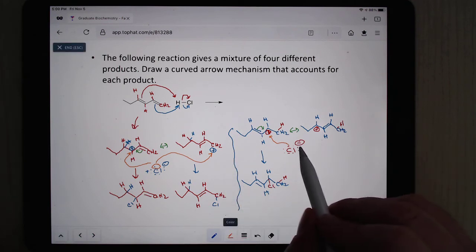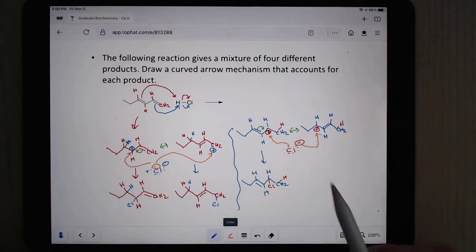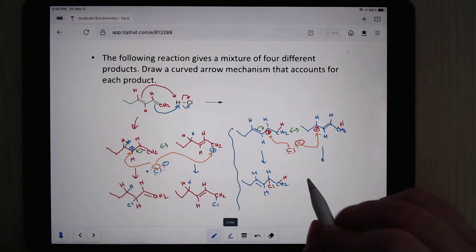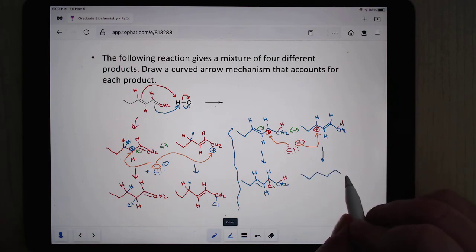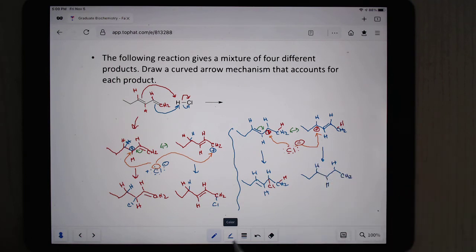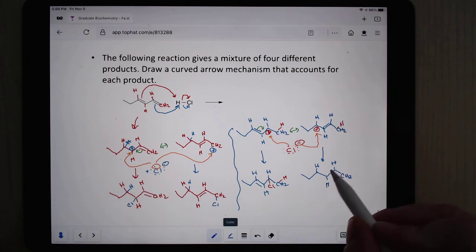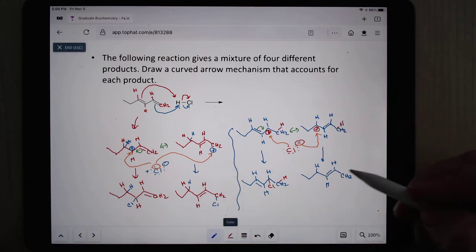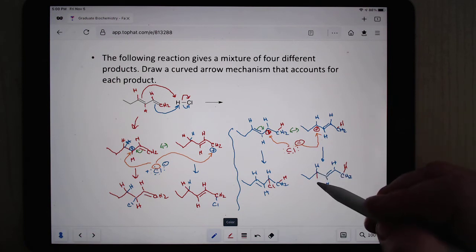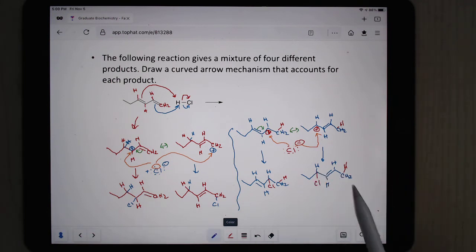If instead it attacks there, double bond there, we're going to get the hydrogen there and then the chlorine right there. So those are your 4 products. So you do it the exact same way each time.